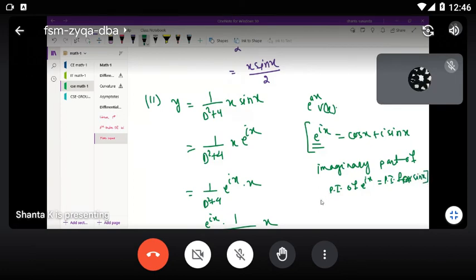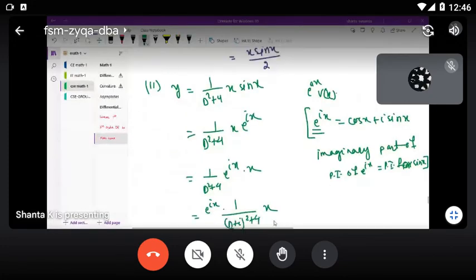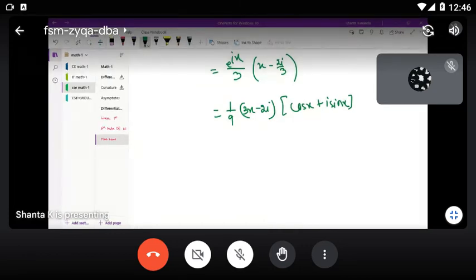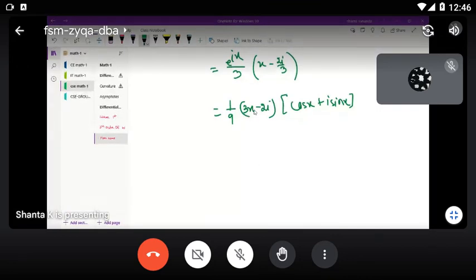So the imaginary part here. What will be the imaginary part? That also you have to find. So 1 by 9 into 3x i sin x.